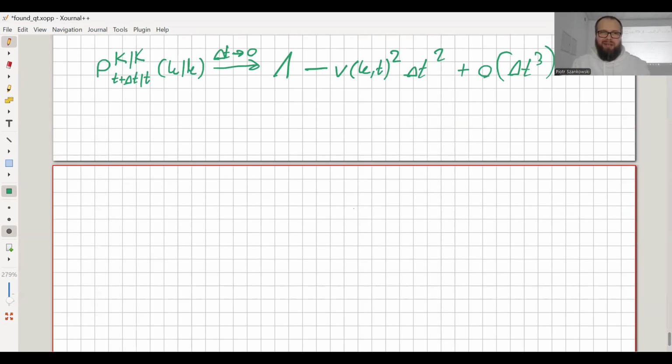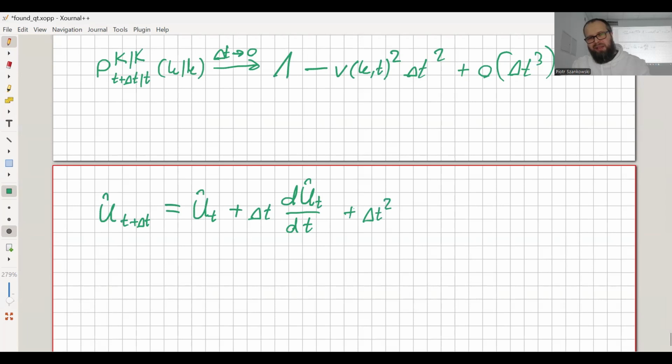In other words, when you push operator U by a small increment of time, there should be a well-defined Taylor expansion for this operator: dt plus delta t squared, and so on.